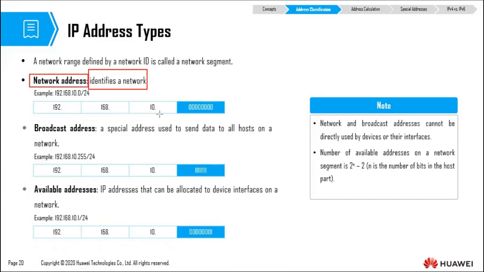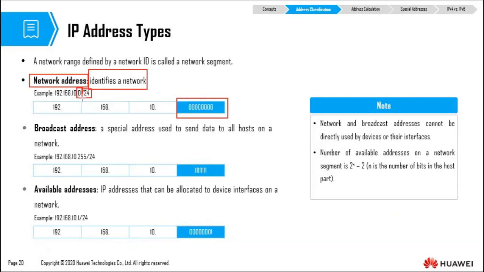Now, normally with the network address, if you convert the host bits, because you see this one is a /24, right? So normally, if you convert the host bits into binary, you are most likely going to get contiguous zeros, all zeros.